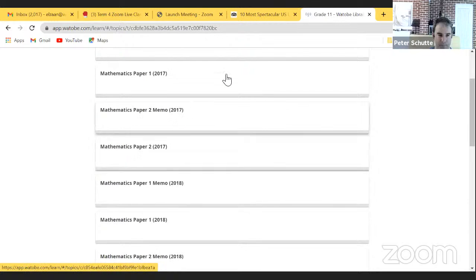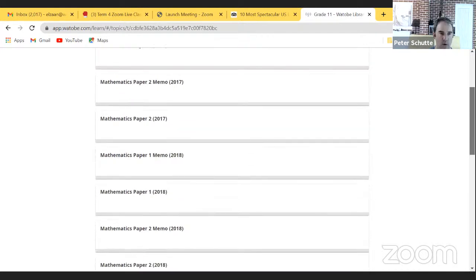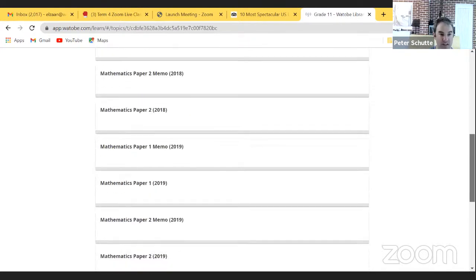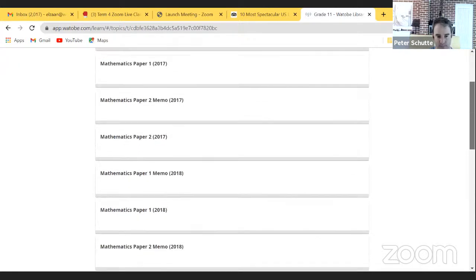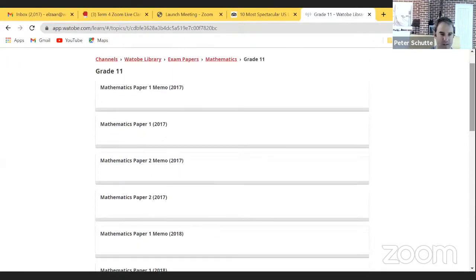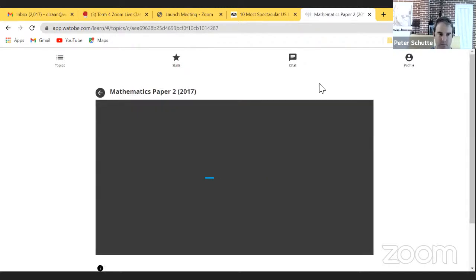And here are a few papers, like the second paper from 2017, 2018. I was doing the 2017 exemplar paper today. Perfect. These are the papers that you can go and revise and work on. And there's a memo as well if you need the answers afterwards.